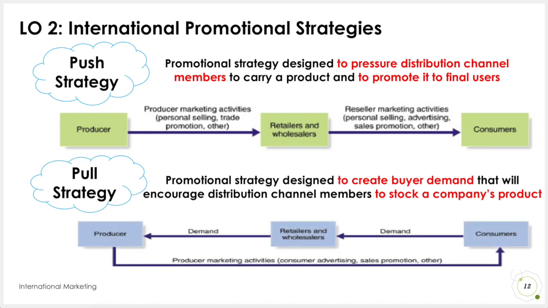That is, the producer will create demand directly from the consumer or customer, or in other words, get the customer to come to you. Hence, it makes the retailers and wholesalers want to sell the producer's product because the consumer and customer show a high demand for those products.